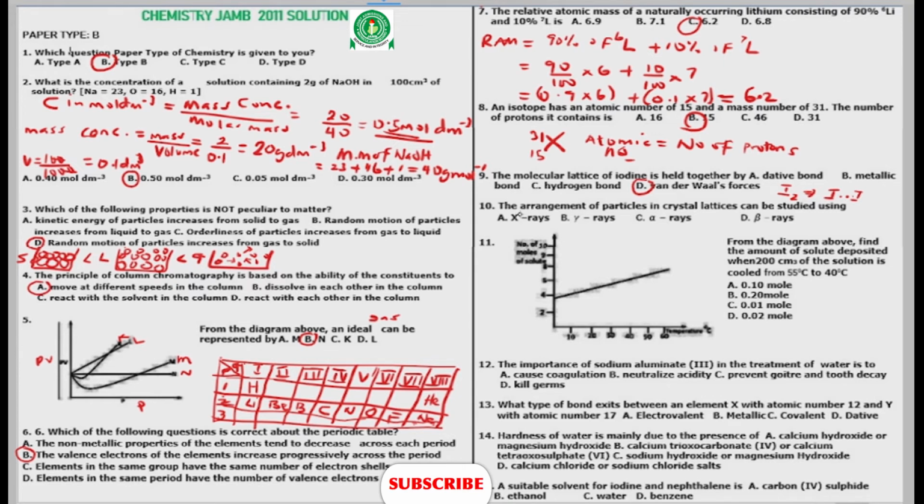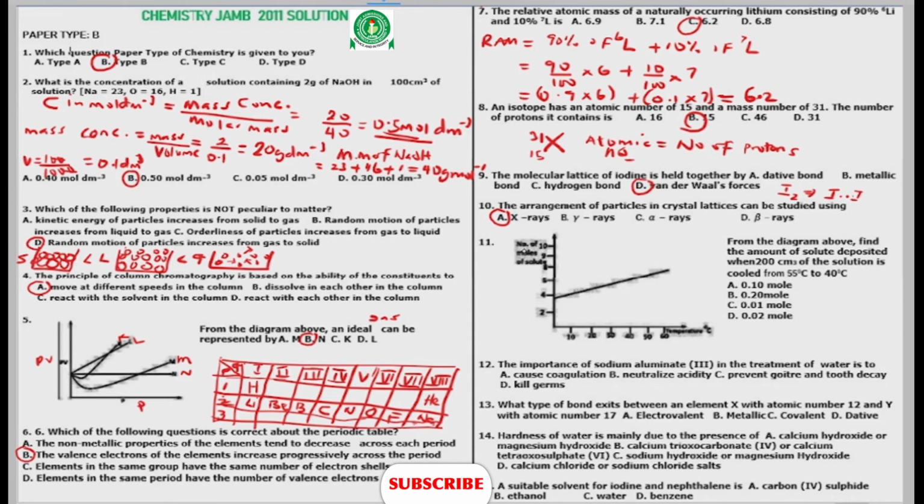So we use X-ray to study crystal lattice because they diffract X-ray. An example is sodium chloride. The crystal lattice of sodium chloride diffracts X-ray. So when I talk about crystal lattice, it's how the ions are being arranged in the formation. So that's that about that.